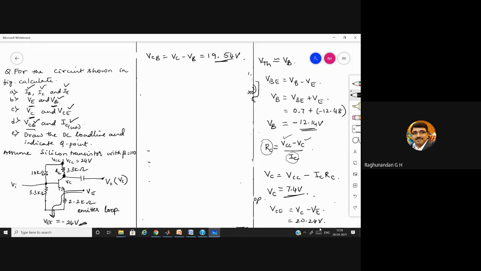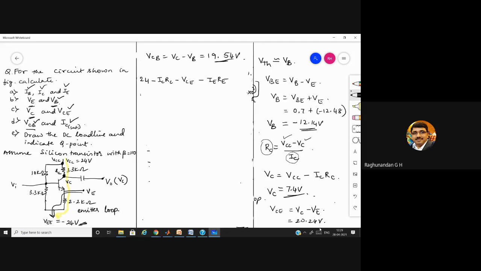So in order to get IC saturation, we apply KVL to the outermost loop. Now applying KVL to the collector to emitter loop, we get 24 minus IC RC minus VCE minus IE RE.